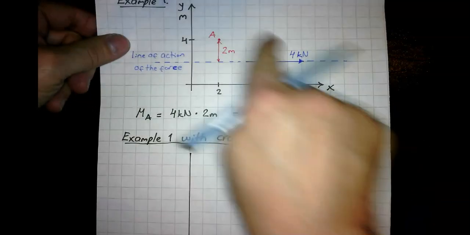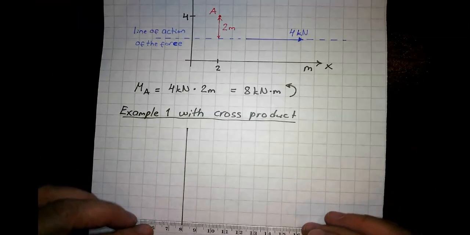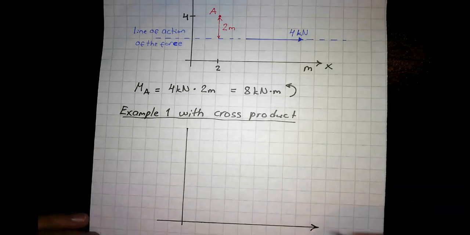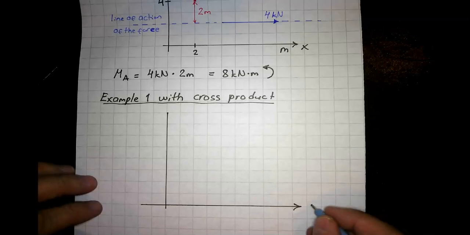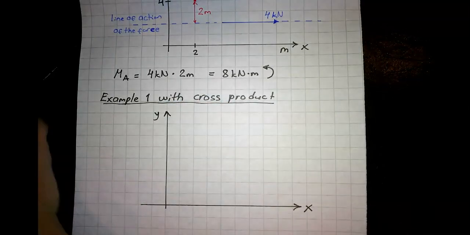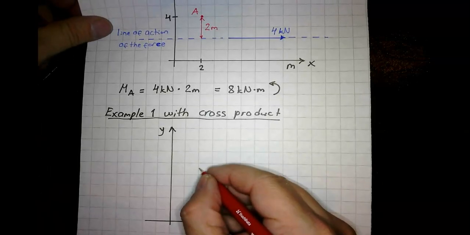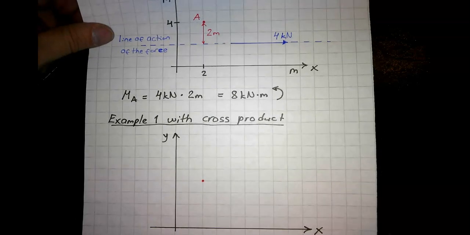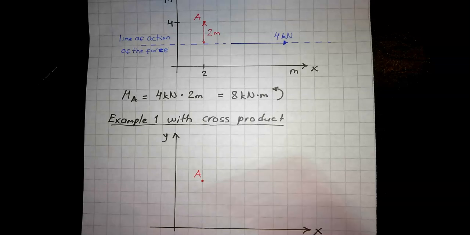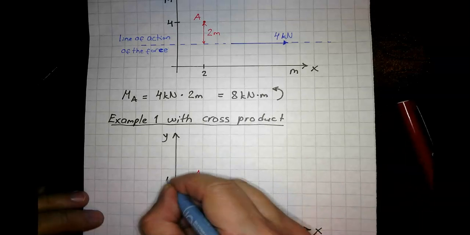I don't want to draw this to the previous figure, because we will do this a little bit differently. We have X and Y, and again the point A will be here in the same place, A, and the coordinates will be 2 and 4.